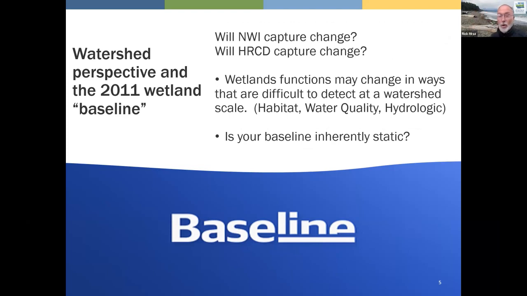NWI, as you all probably know, does not capture change over time unless it's been updated. And in some instances, the updates can be confounding because they may be just more accurate mapping. They may not reflect actual change on the landscape, but a different, more discrete way of mapping wetlands in the landscape. But would change in NWI actually inform whether you've protected functions and values? Not really.